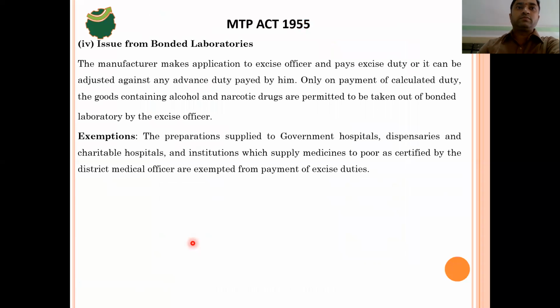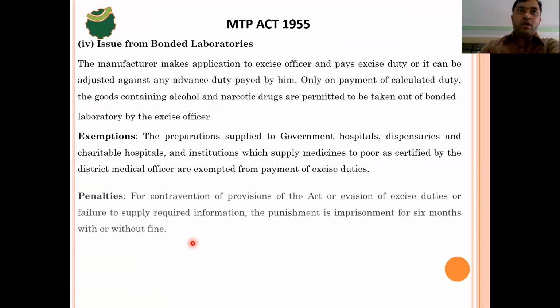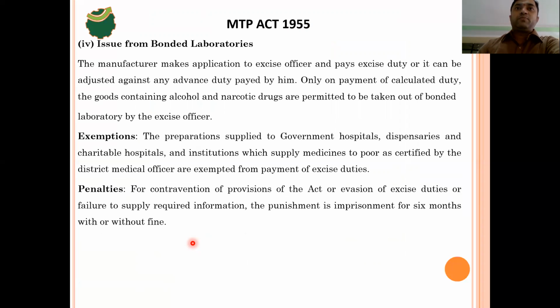So, issue from bonded laboratories. The manufacturer makes an application to the excise officer, pays the excise duty, and it can be adjusted against any advance duty paid by him. Only on payment of the calculated duty are the goods containing alcohol permitted to be taken out from the bonded laboratory by the excise officer.